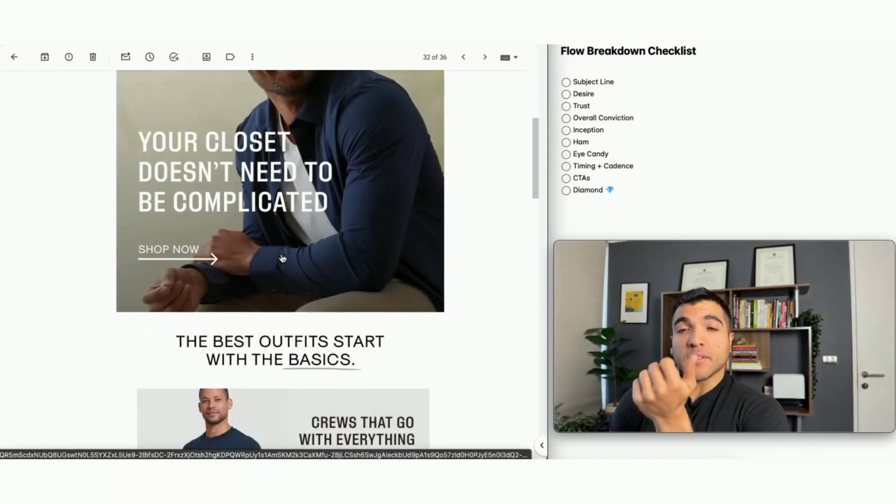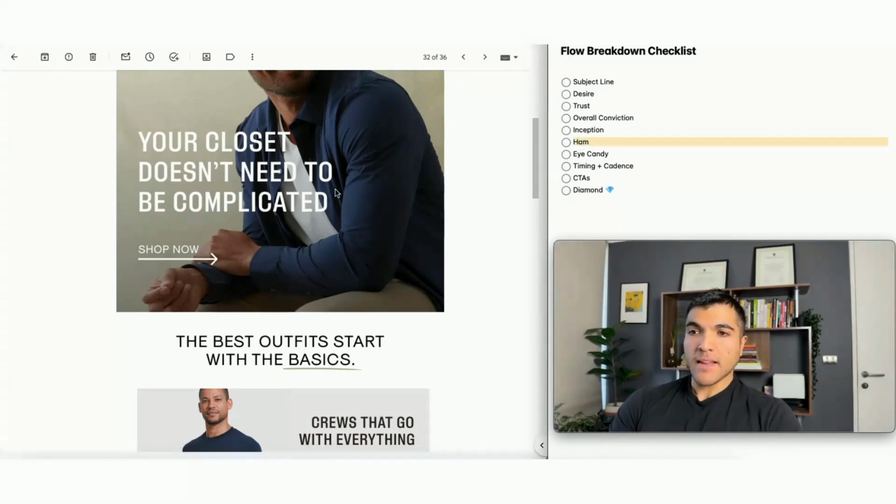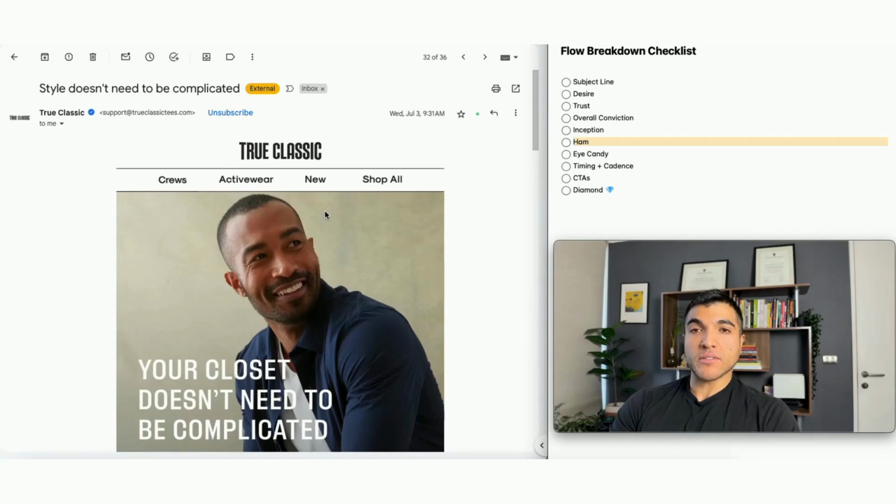That would be a better email that builds desire, targeting people like me who have trouble finding good clothing. So that would be a better email. That would even be a ham email again, wrapping the email in a different, more entertaining idea.